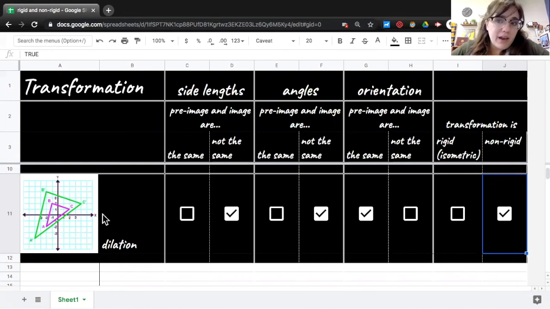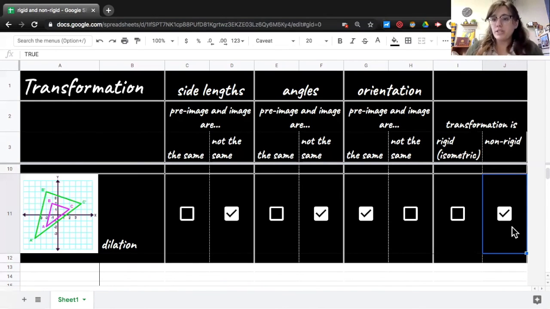I can prove that they're parallel. I can prove that they're proportional, but I cannot prove that they are the same given these two triangles because they're not. One of them is much larger than the other. So this transformation, a dilation, must be non-rigid.